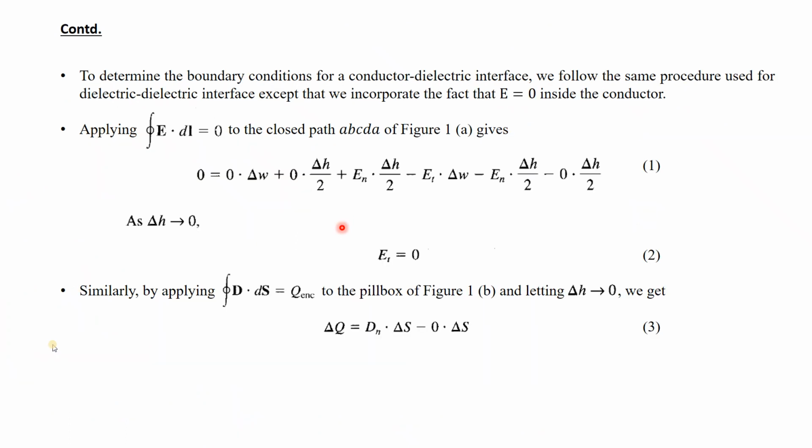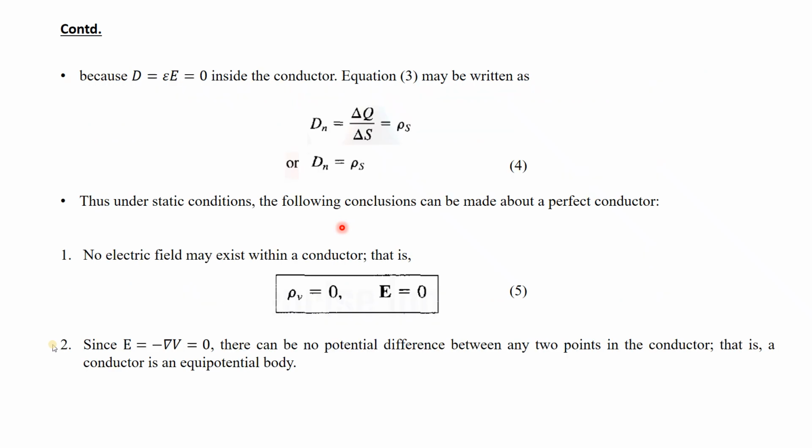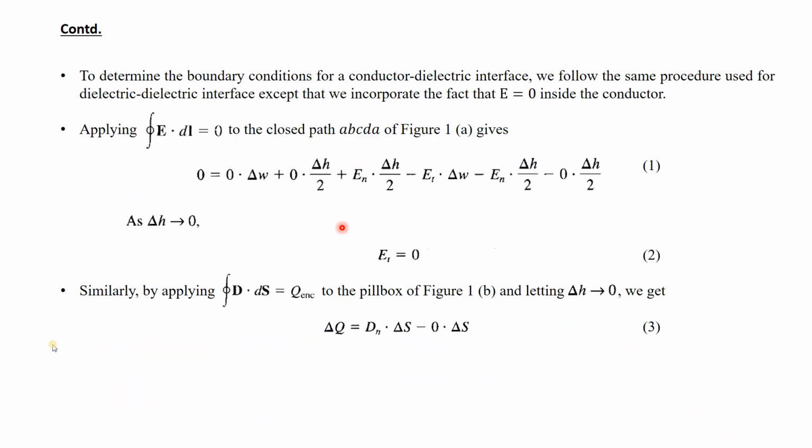Whatever we have seen for the dielectric to conductor boundary condition, the tangential component is 0, and the normal component of the electric flux density equals the surface charge density.